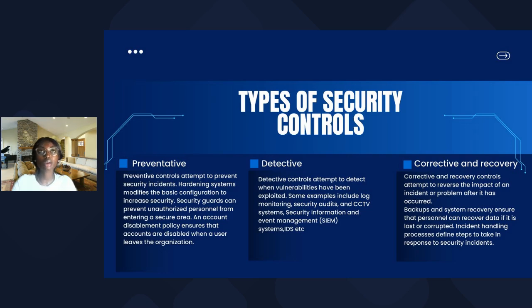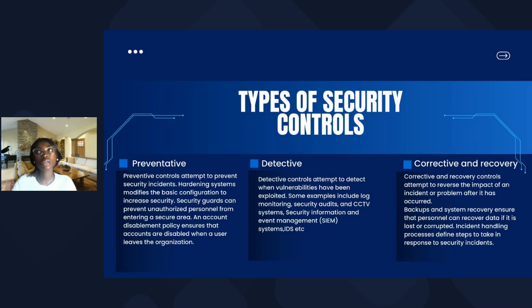Some organizations have their security audits within, so somebody within the organization conducts the audit, or you might bring somebody external, external personnel from the outside, to come into the organization to conduct this audit. The aim is to see whether all the technical controls we've invested in, or the policies we have in place, are being implemented correctly. So you have the feedback, the report of whether they are being implemented or not. This is a very good example of detective control, right?